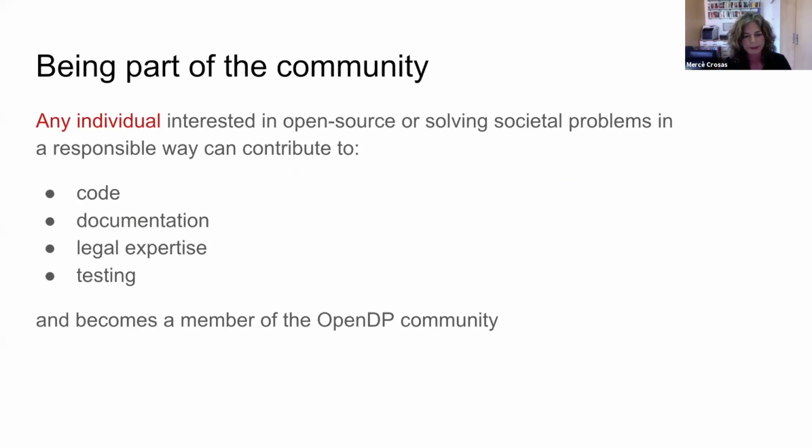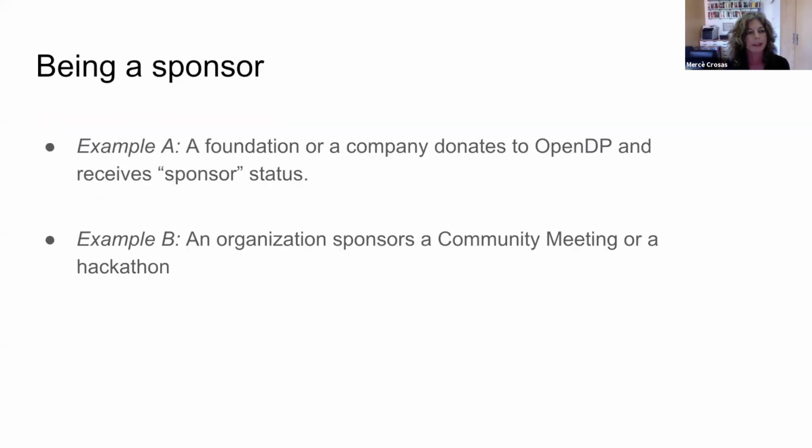Many of us are big fans of open source communities and have already been part of other open source projects in this way. But there are also other ways to contribute, either helping with documentation, with legal expertise, with testing, and just as an individual, you'll become part of the community.